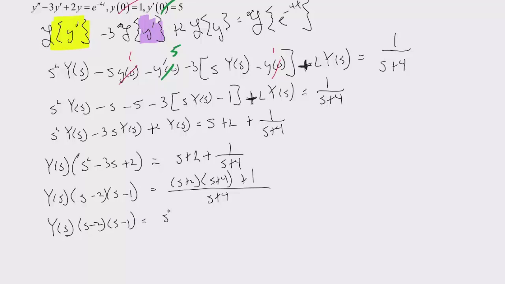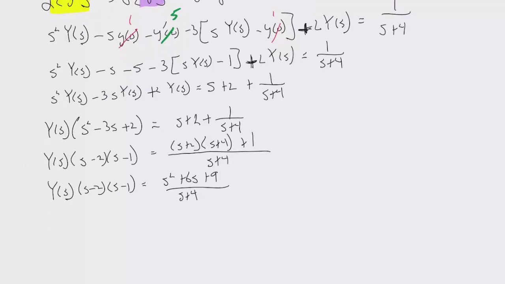So that's s squared plus 2s, so plus 6s, plus 8 plus 1, so plus 9, over s plus 4. Okay. And so now I can divide. So that's s squared plus 6s plus 9 over s minus 2, s minus 1, s plus 4.